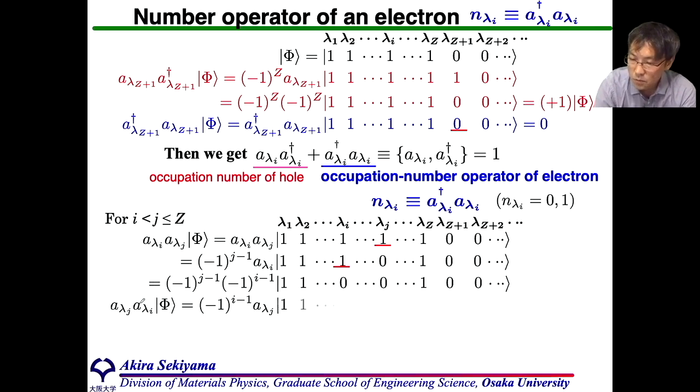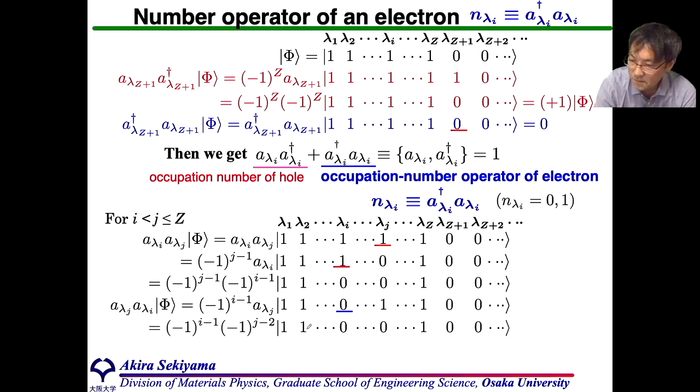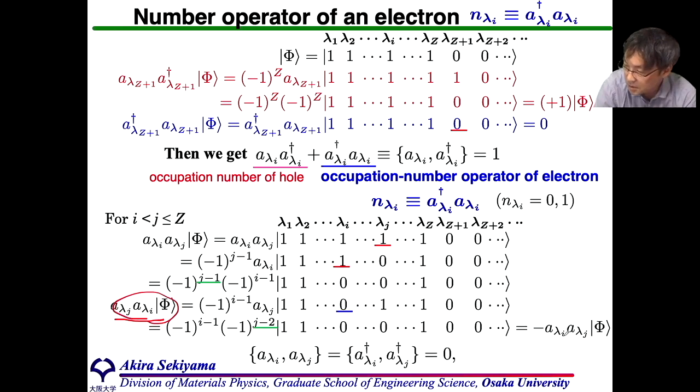And we consider the different operation with exchanging the order. In such a case, the result is like this one, and after that, since the number j is larger than i, the factor becomes different as j minus 2. Therefore, this operation gives this result.